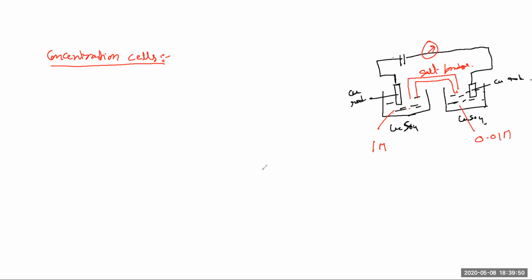So try to understand: the concentration cell means the galvanic cell in which the electrodes are made of same metal, but they are immersed in the same electrolytes of different concentrations in two half cells are called concentration cells. Note down what is meant by concentration cells.